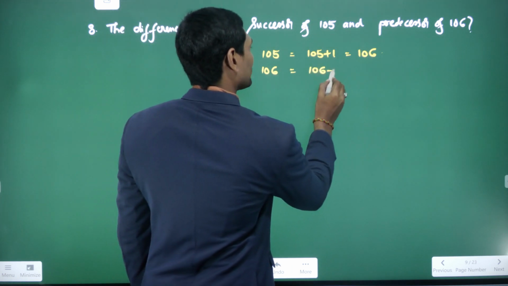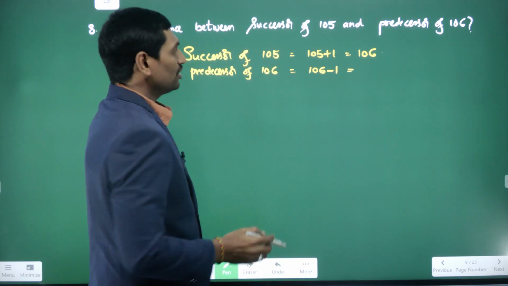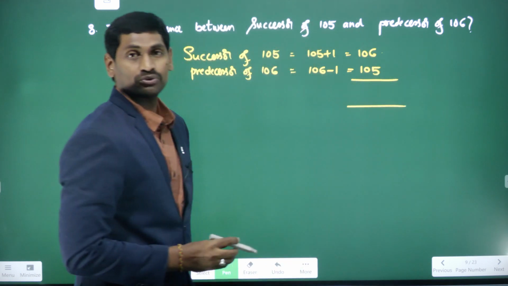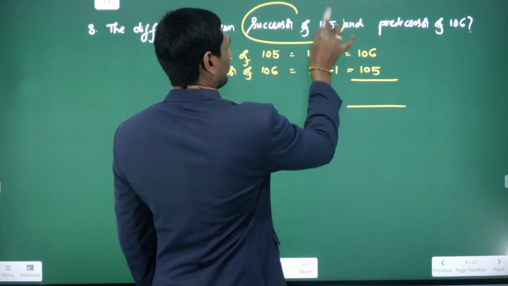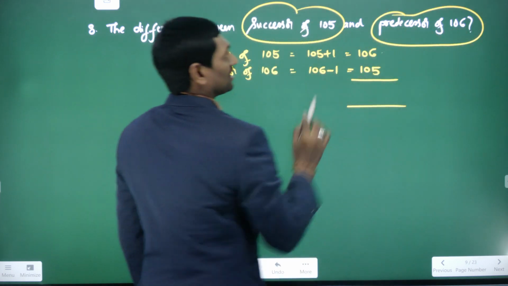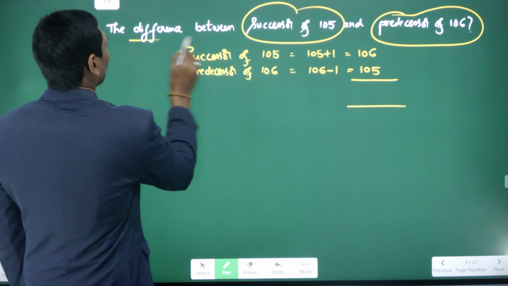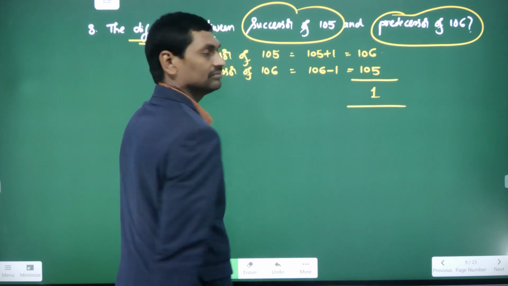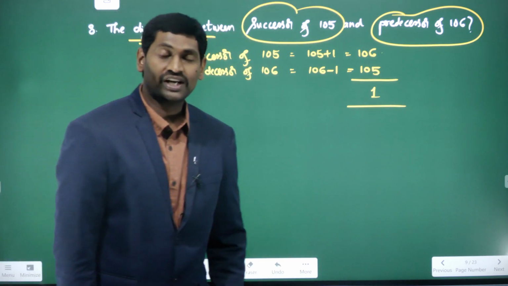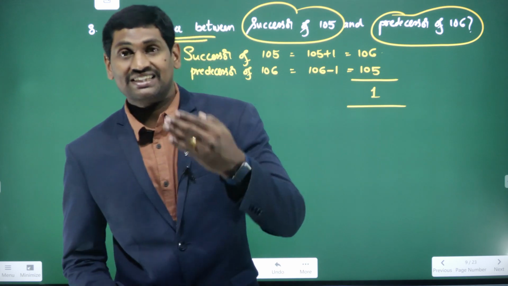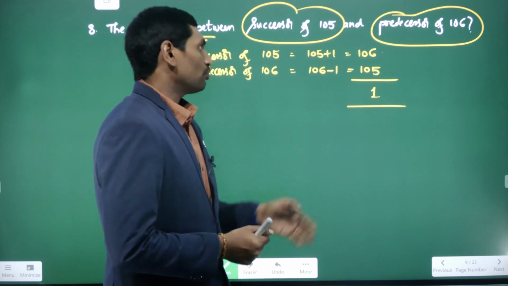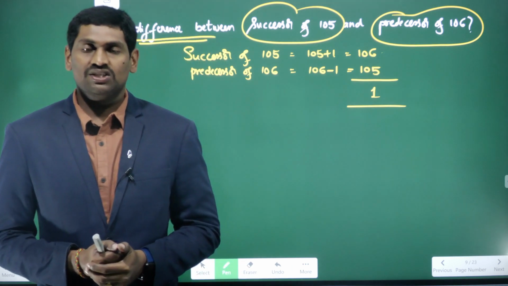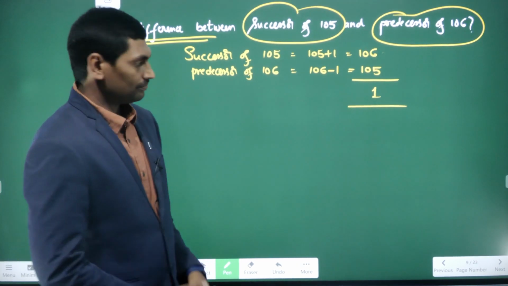We get it by subtracting 1. So 106 minus 1 is 105. Now see what we have to find. We found the successor of 105 and the predecessor of 106, but the question is the difference between them. Difference is the largest number minus the smallest number. So 106 minus 105 is 1.